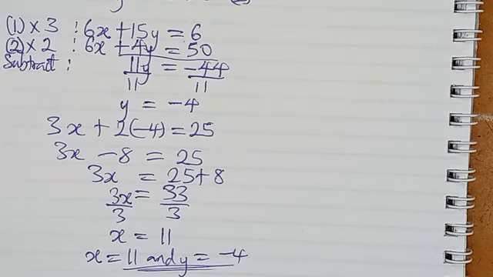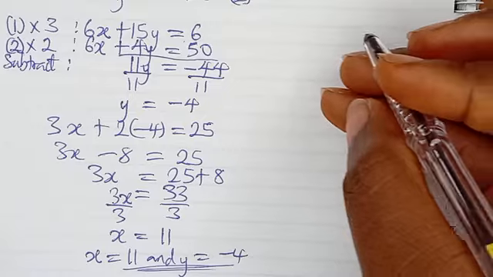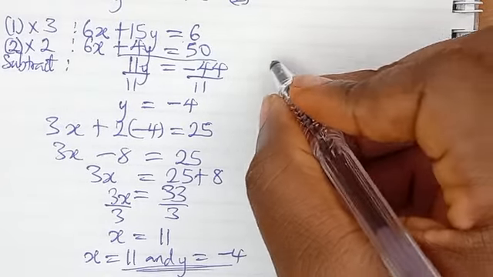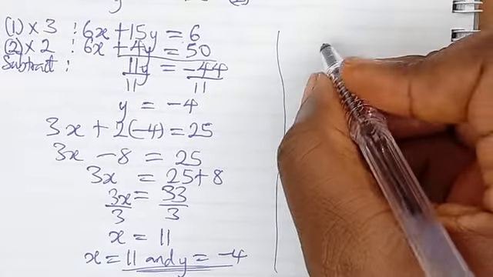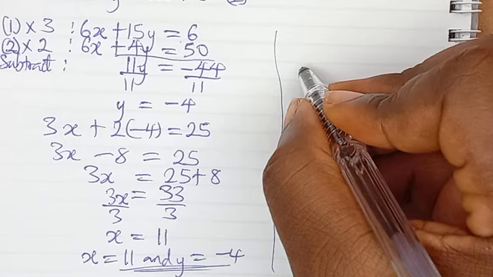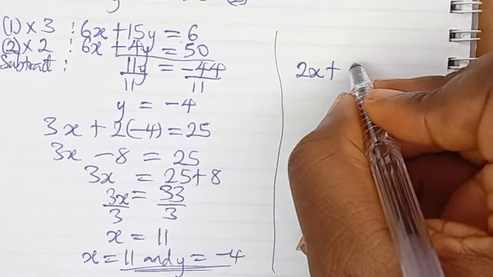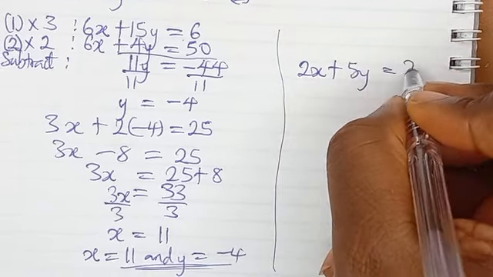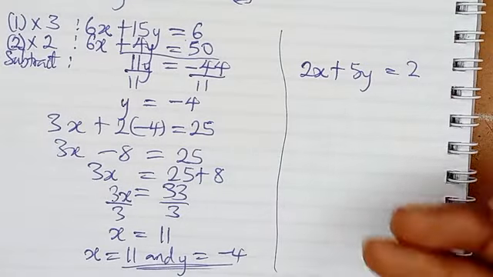Now, as a form of check, let's check the two and find out. Let's use equation 1 to check it out. So equation 1 says that 2x plus 5y is equal to 2. We're going to substitute these two values for x and y.